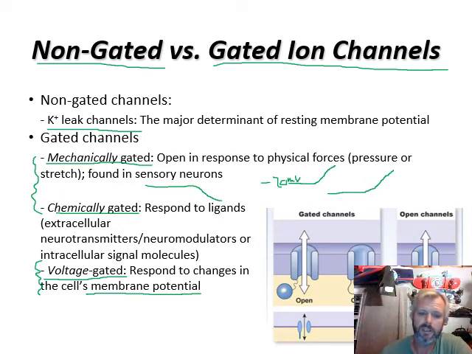What opens them is a change in membrane potential. What if my membrane potential becomes more positive? That could open up some voltage gated channels and allow more ions through. So by changing the amount of channels open for a certain ion, we change the permeability to the ion and can change my membrane potential either up or down depending on what ion channel is being opened.